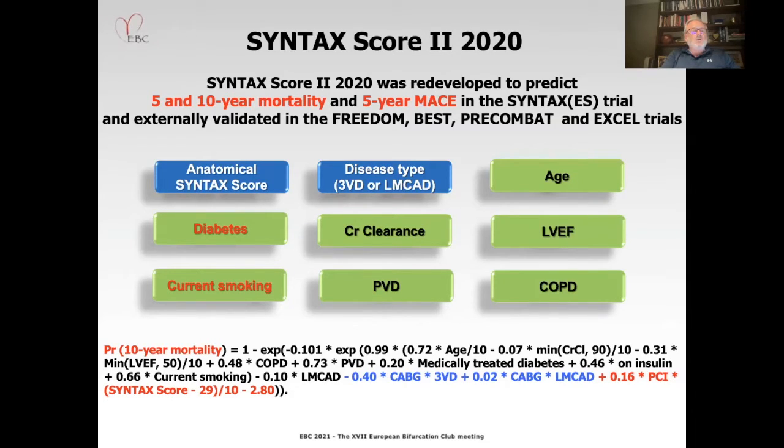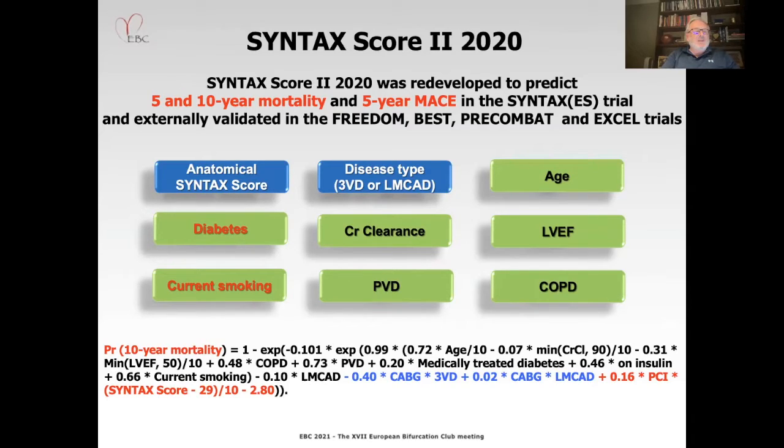There are two effect modifiers, the anatomical SYNTAX score and the type of disease, 3 vessel disease and left main, and 7 prognostic factors: age, diabetes, creatinine clearance, ejection fraction, current smoker, peripheral vascular disease, and chronic obstructive pulmonary disease.